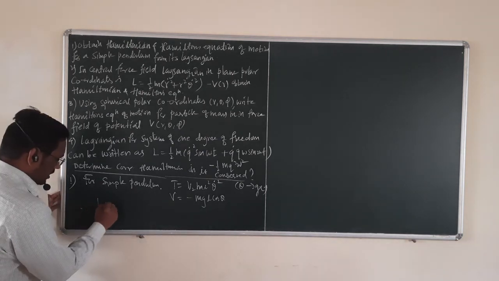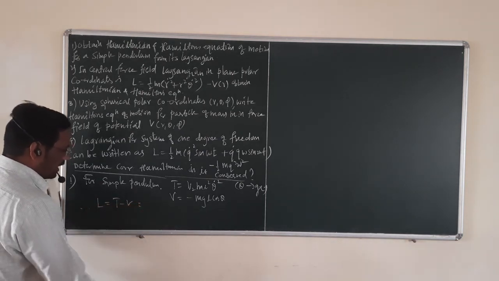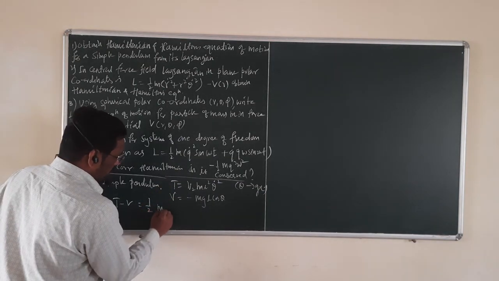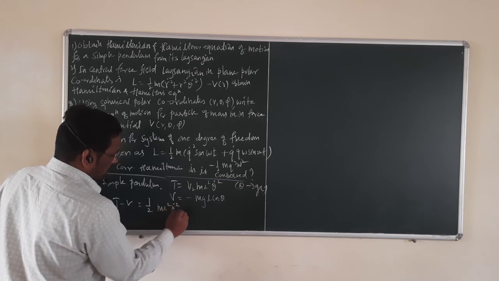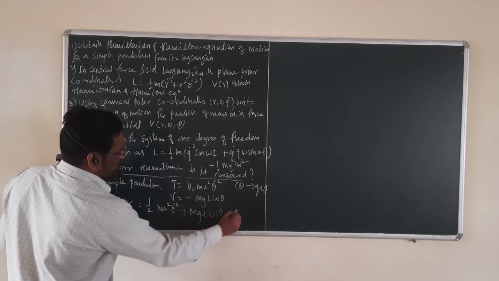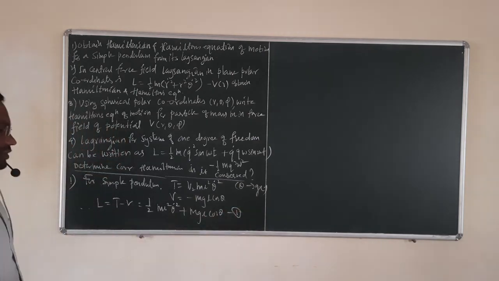Therefore, the Lagrangian is nothing but kinetic energy minus potential energy. So that is 1/2 m l² θ̇² plus mgl cos θ. We call this equation 1.